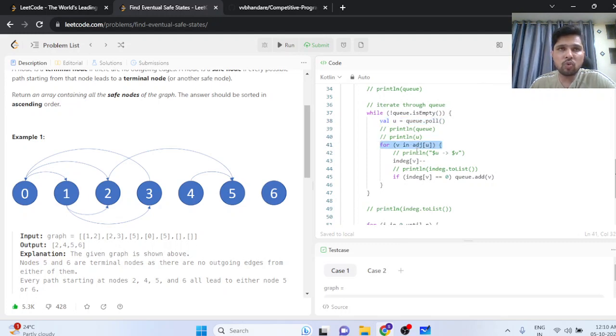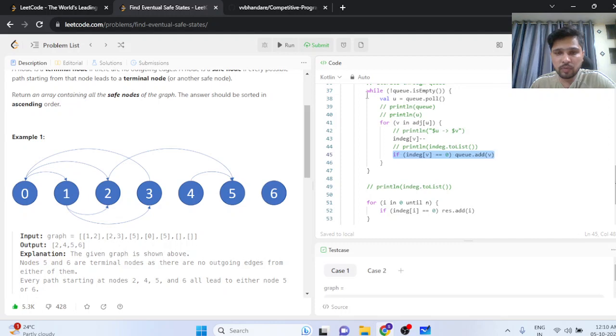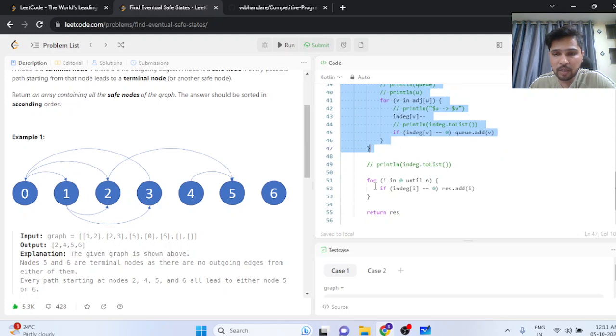Whatever nodes are adjacent to that node, once we visit that node we reduce the in degree by 1, and as soon as we find the in degree is 0, again we add that element into the queue. This will iterate as long as the queue is non-empty.